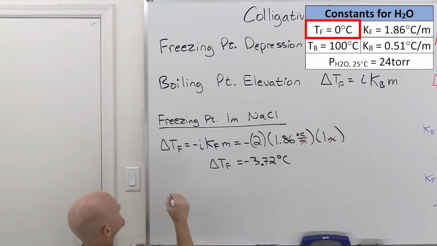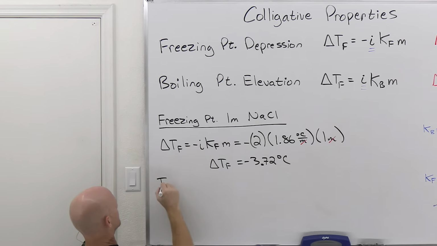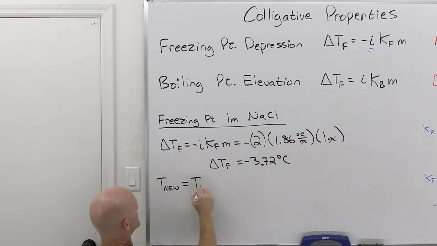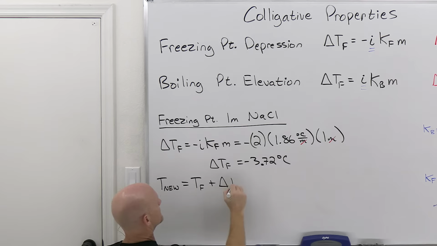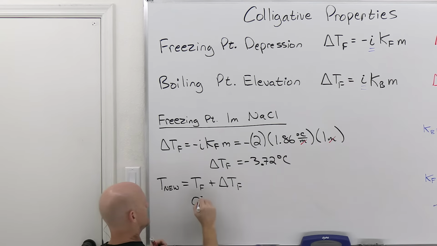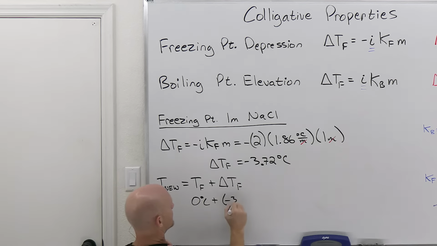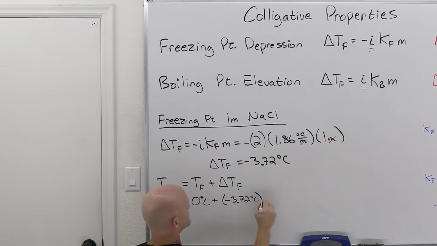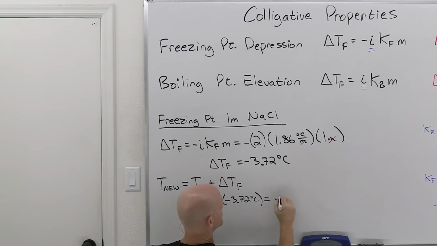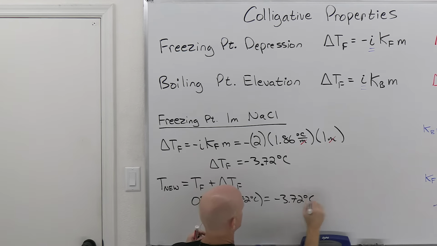So to find your new freezing point, which I'll call new in this case, it's going to equal the normal freezing temperature plus the change. In this case, we'd take our 0 and add in that negative 3.72 degrees Celsius to get an overall freezing point of negative 3.72 degrees Celsius.